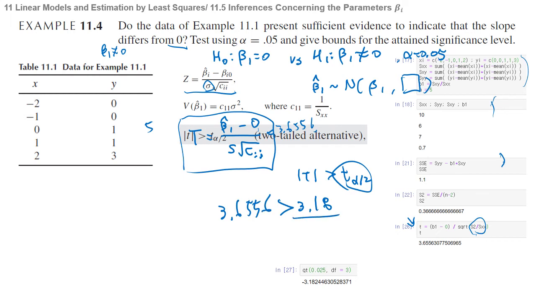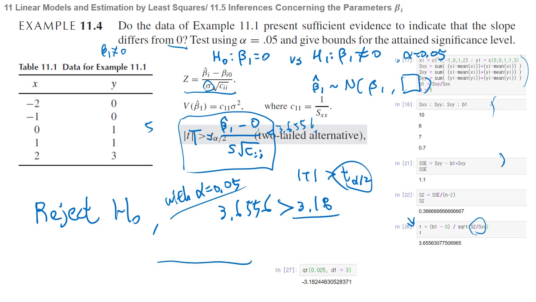So our conclusion is to reject the null hypothesis with alpha level 0.05.